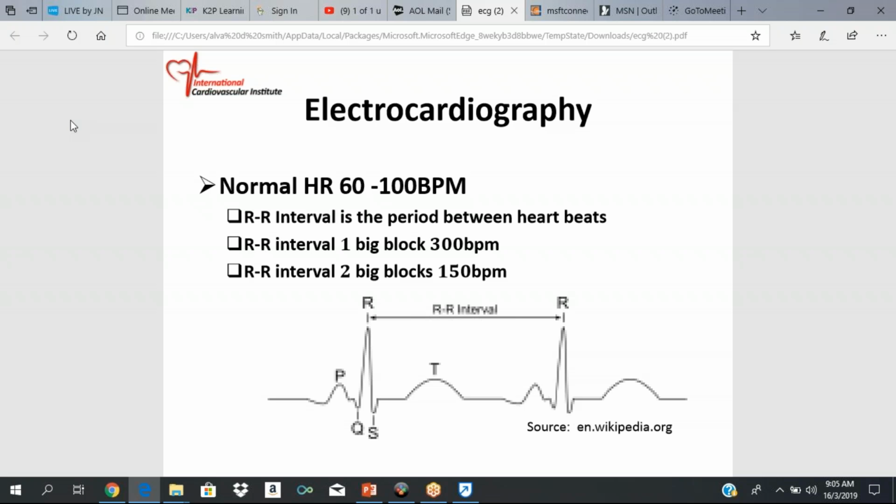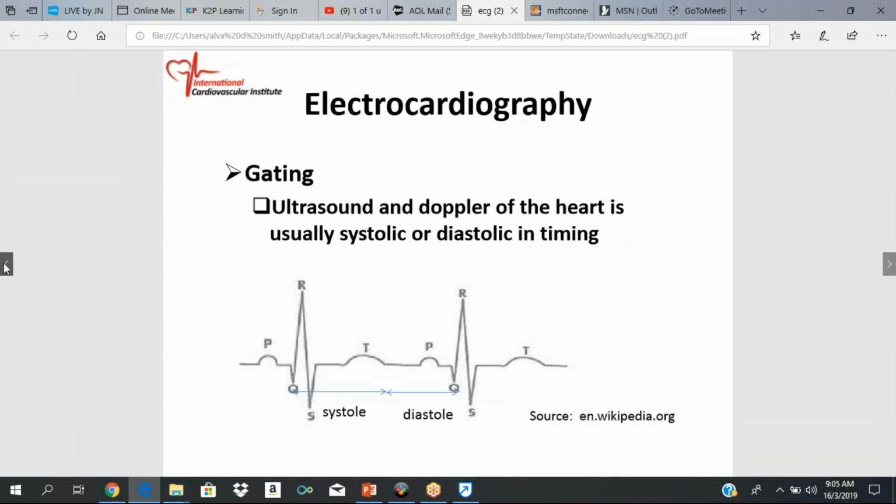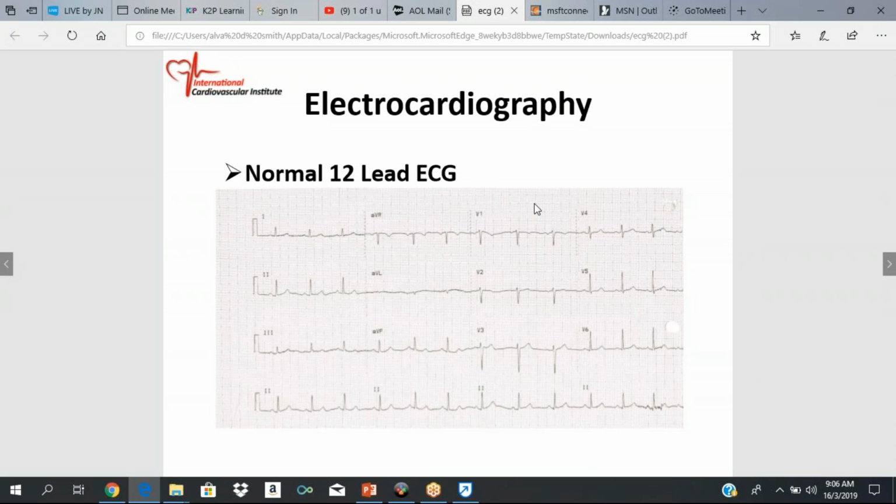Now, again, remember what we said. When you look at the ECG, it is gridded. There's a number of grids on the ECG, and the gridding is important. So if you look at this ECG paper, you can see in the background it's gridded.